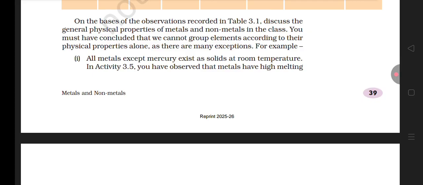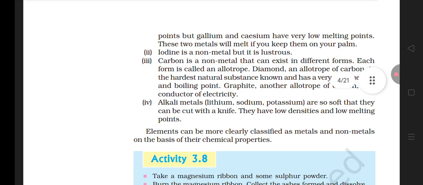Now from activity 3.5, you must have observed that metals have very high melting points. But gallium and caesium are metals which have very low melting points. These two metals will melt if you keep them on your palm, slightly above room temperature.